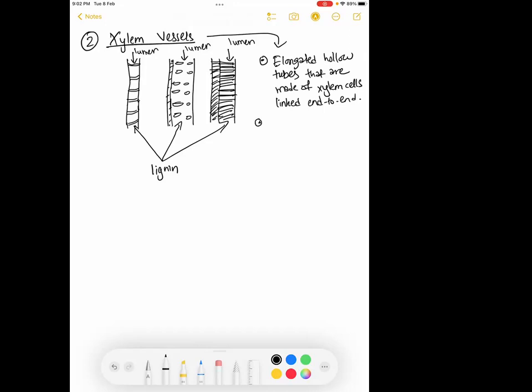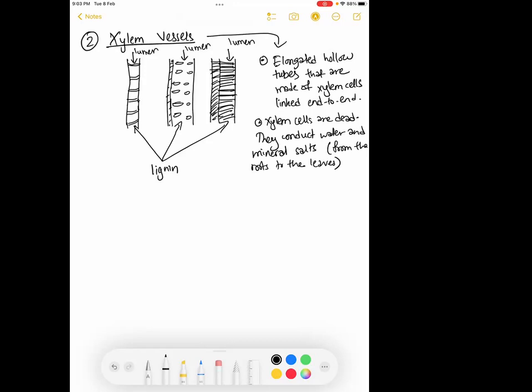So xylem cells are actually dead cells and they conduct water and mineral salts from the roots to the leaves.